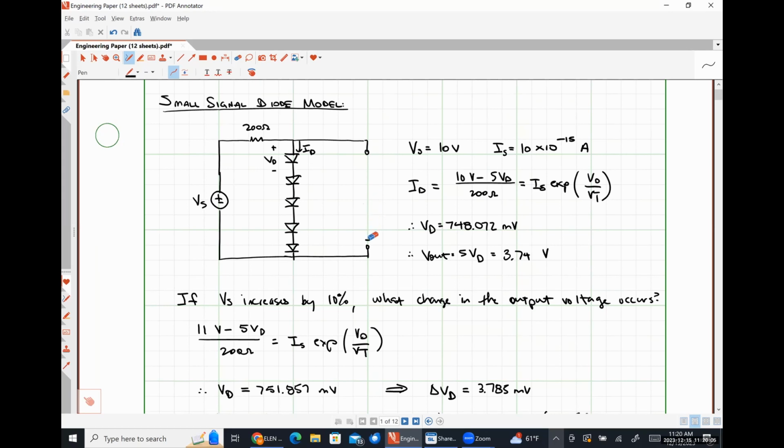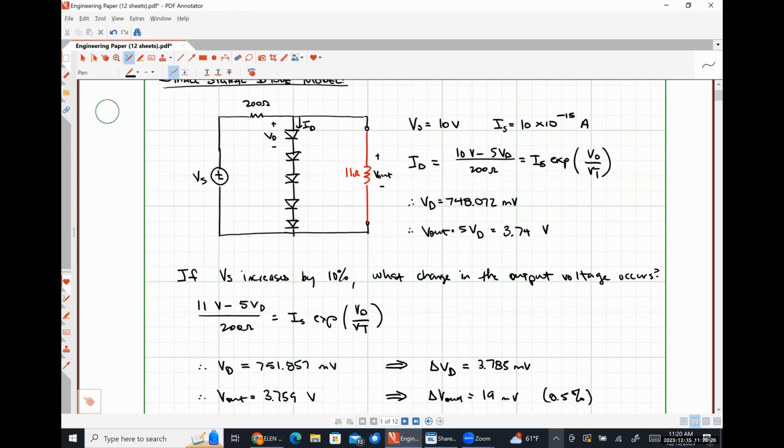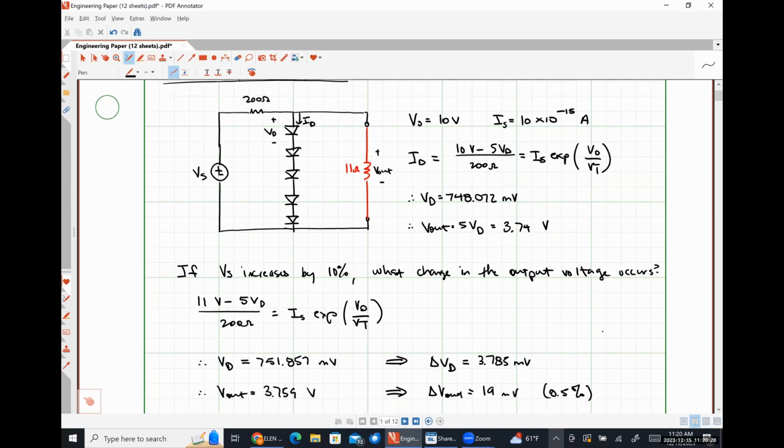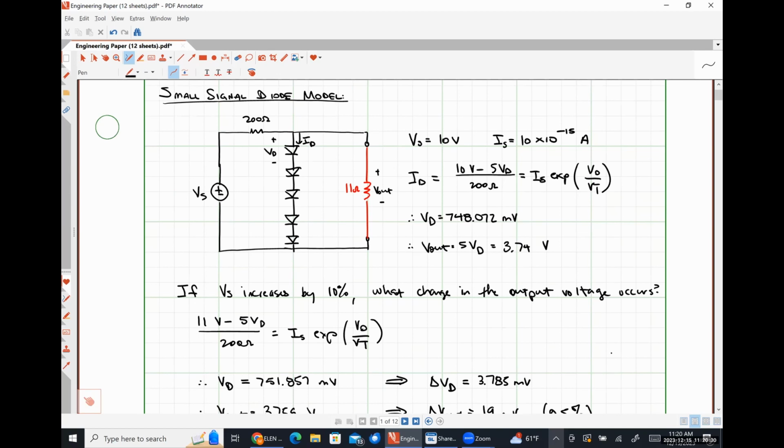So I'm going to throw a 1 kilo ohm resistor here. And our output voltage is now going to be the voltage drop across our 1 kilo ohm resistor. That's going to change our equation a little bit, right?